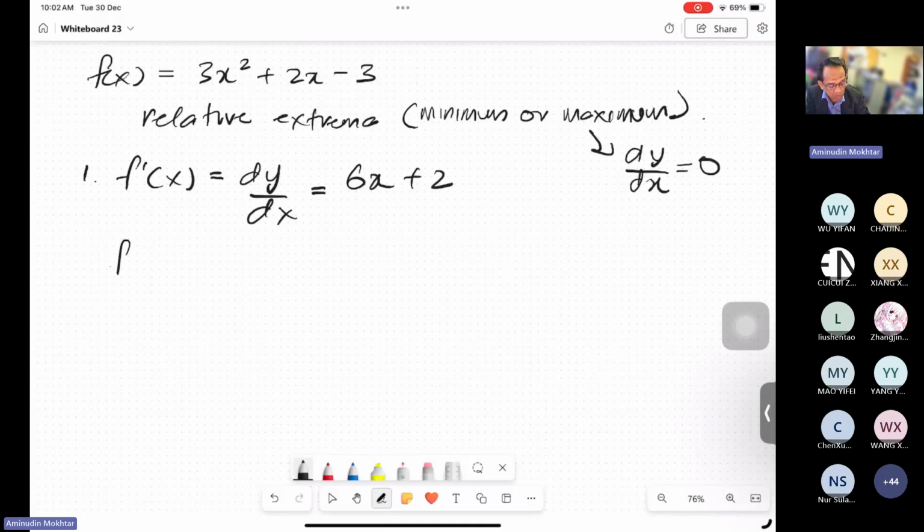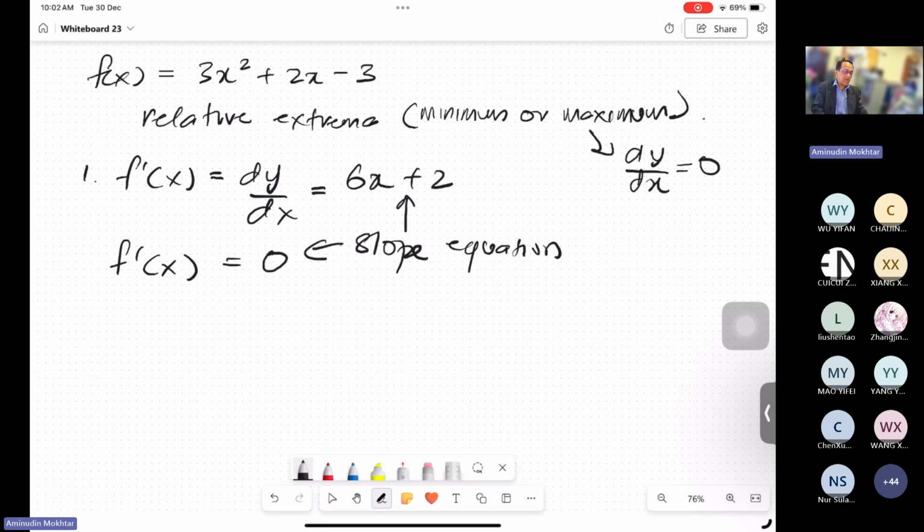So we set the slope equation equal to 0. If 6x plus 2 equals 0, what is x? x equals negative 1 over 3. So when x equals negative 1 over 3, the slope of the function is 0.